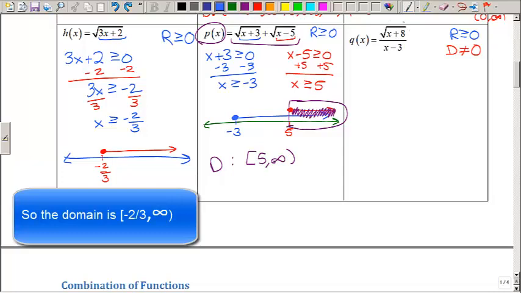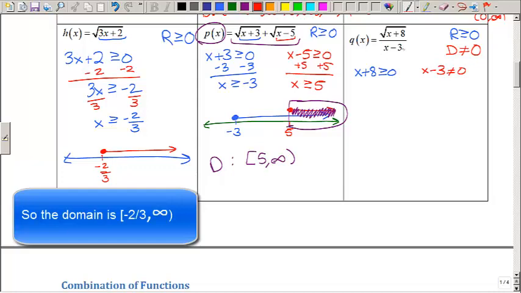You can think of this as two parts of your function. The even root function has his own invitation list. X plus 8 has to be greater than or equal to 0. That's what's going to satisfy him for his domain. Similarly, on the denominator, x minus 3 cannot be equal to 0.